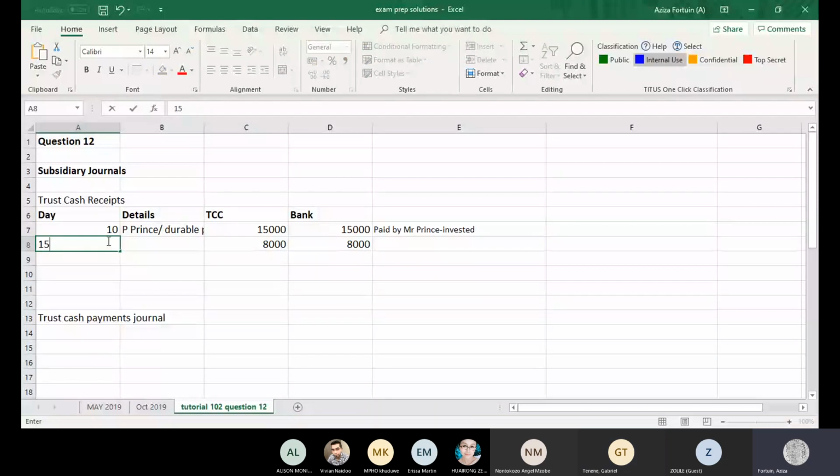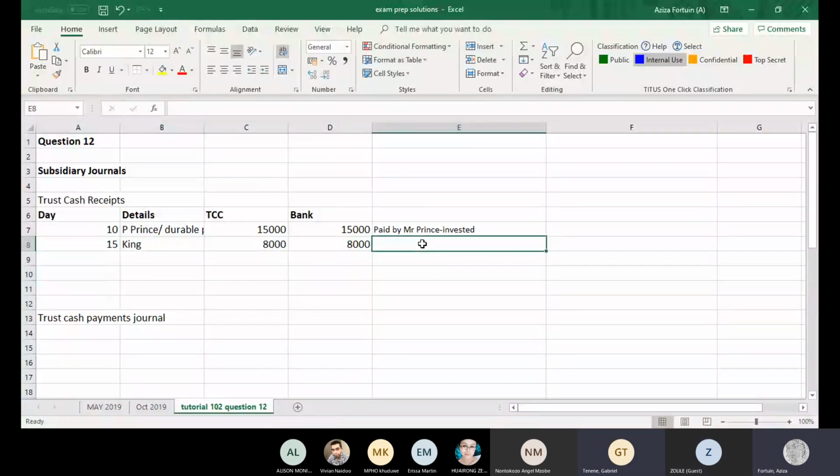Okay, and another 7,000 on the 28th. Why does that go into the trust cash receipts journal? The reason? Because they received the money from King.